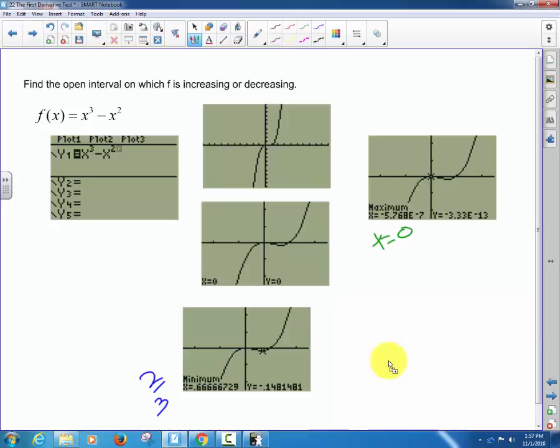Where's the function increasing? From where to where? Okay, the function's increasing from negative infinity to 0. You can tell that by this here.